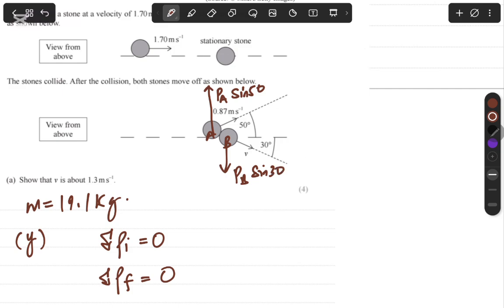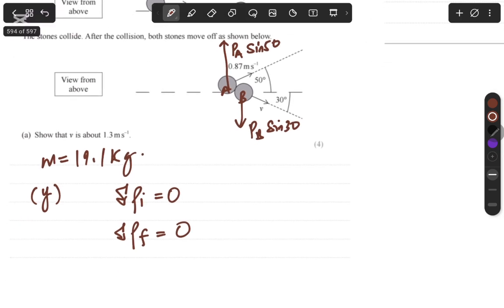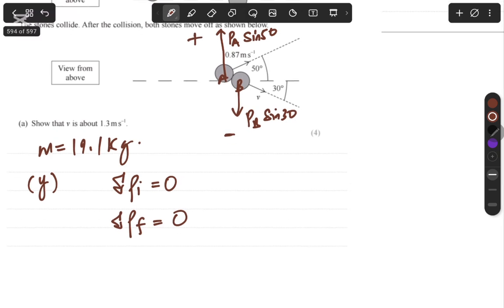Both of them are opposite in direction. We'll say this is positive, this is negative. So we'll say negative PB sine 30 plus PA sine 50 is equal to 0.